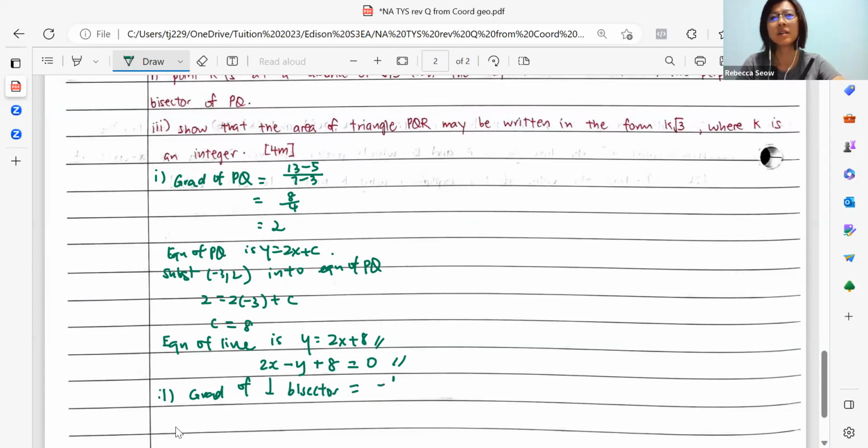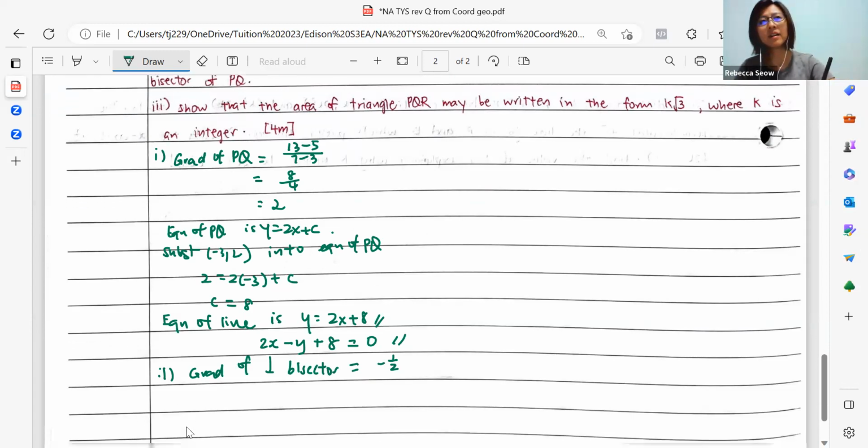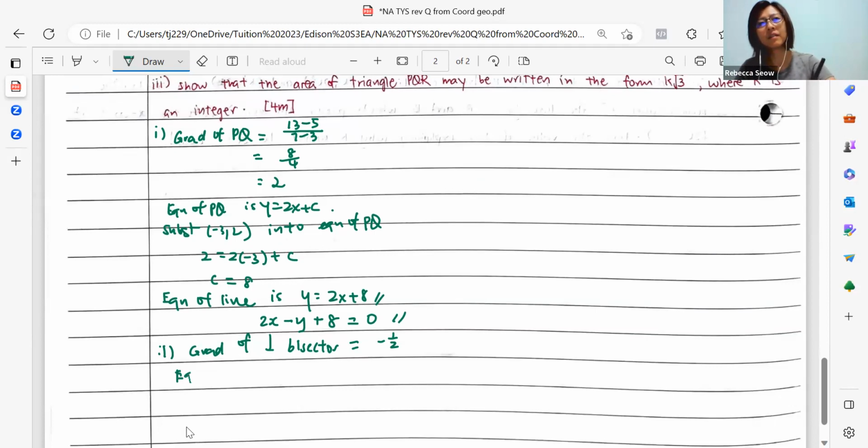Okay, so of the perpendicular bisector, it is -½. Okay, so now the equation of the perpendicular bisector is y equals to -½ x plus c.